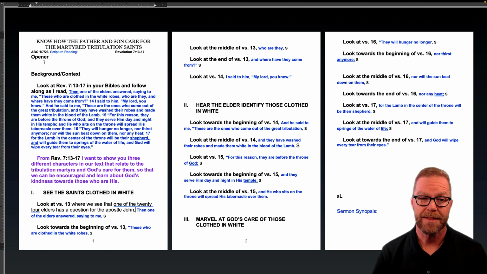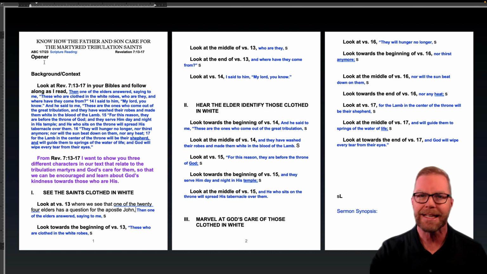Then, in the text that immediately precedes our text for today, God says, okay, let me tell you who these bondservants are that are sealed. And in verse 4, he says there are 144,000 Jews from the 12 tribes.